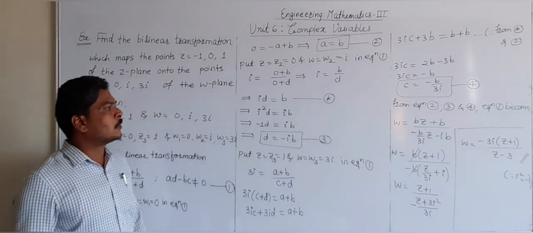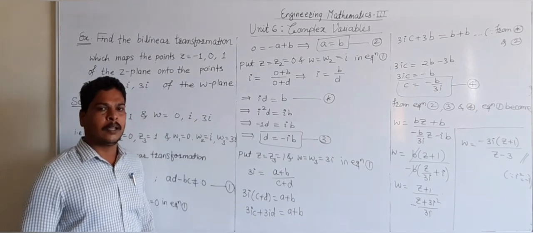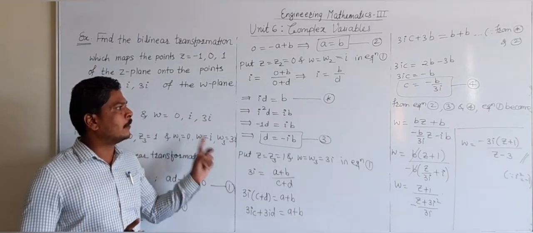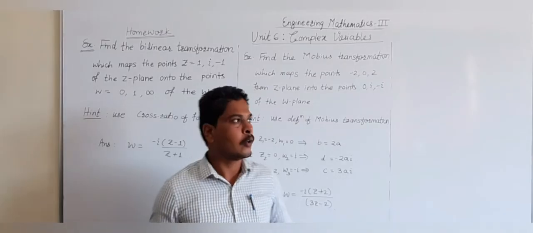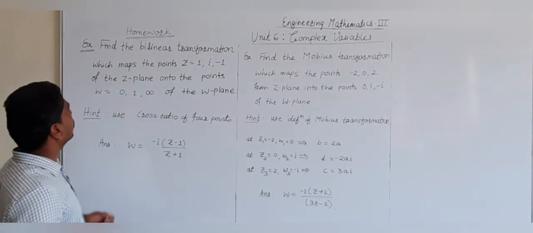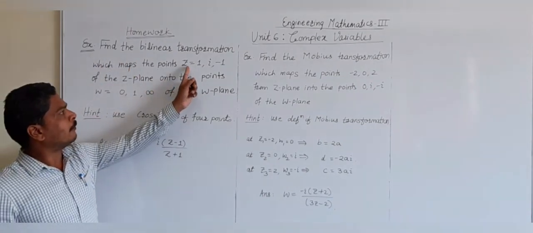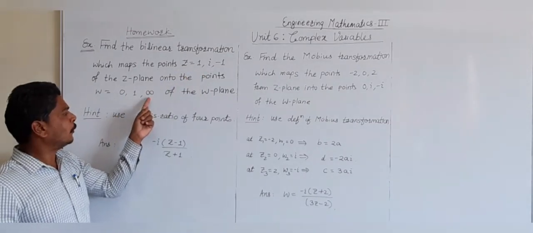You should try to solve some more examples related to this, then you will clearly understand this concept. Try to solve these two examples at home. In the first example, we have been given values of Z and W, in which the third value of W is infinity.